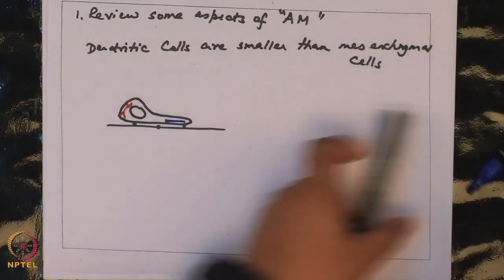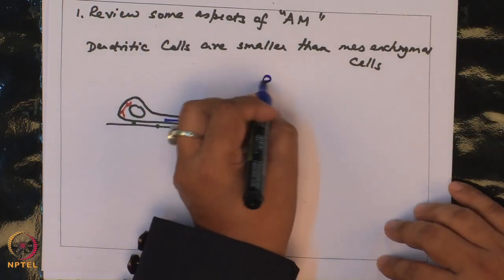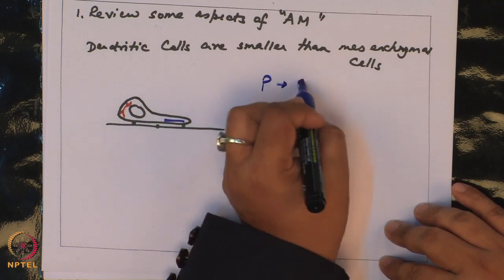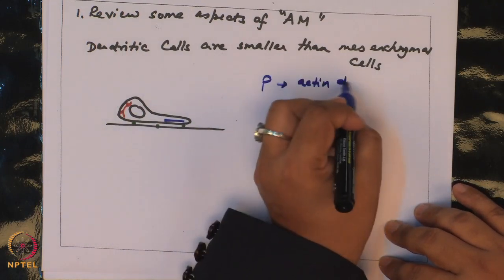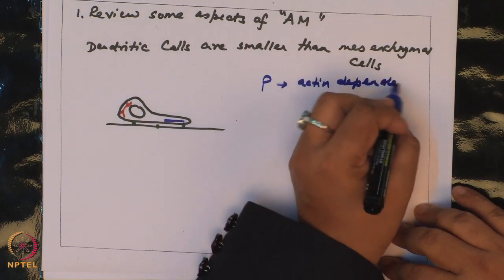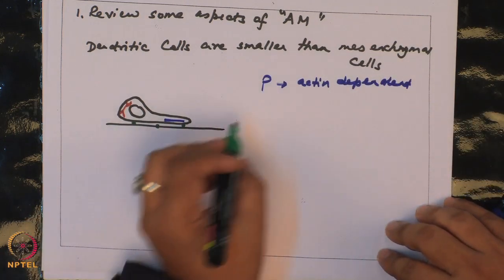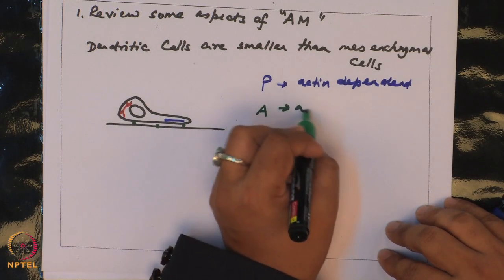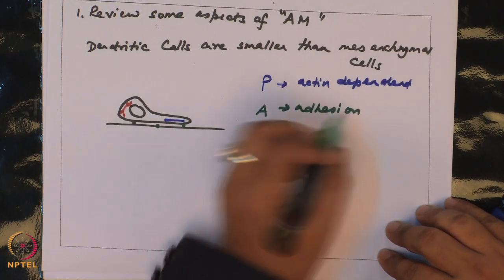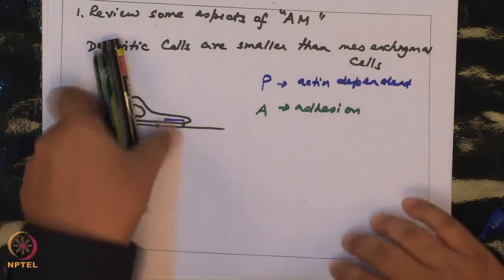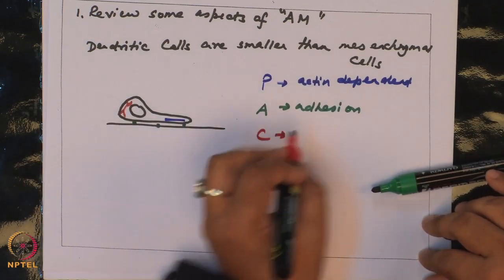Blue is protrusion, actin dependent. A is adhesion, and what I have depicted here in red is C or contractility.